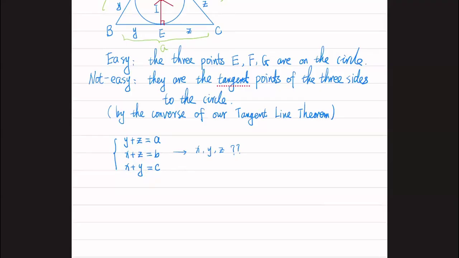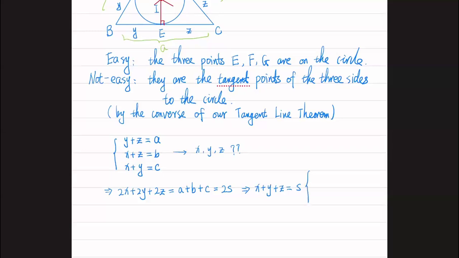So the important step: the summation of the left-hand side equals the summation of the right-hand side. And this is twice our half perimeter. So from here, we conclude x plus y plus z is our half perimeter, s.